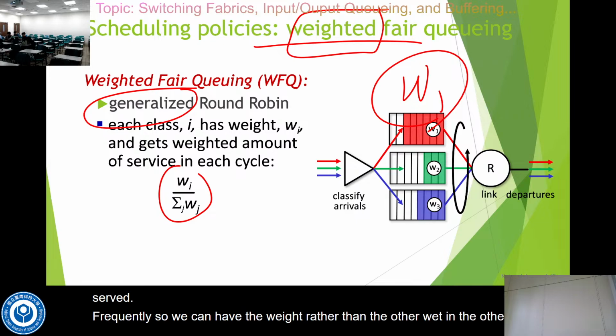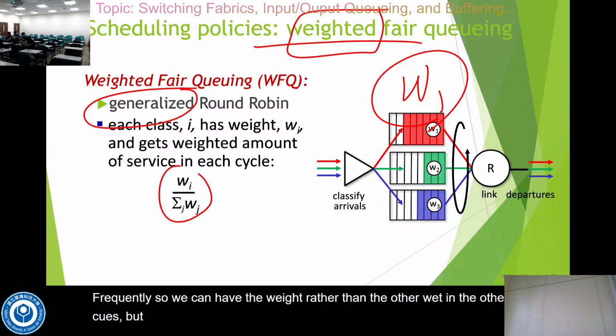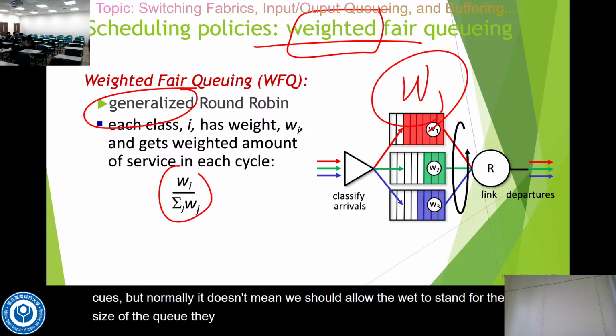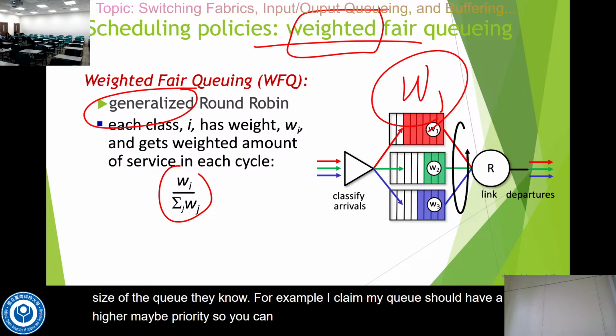But normally, it doesn't mean the weight should stand for the size of the queue. For example, I claim my queue should have a bit higher priority. So you can include the concept of priority by setting the weight as well.